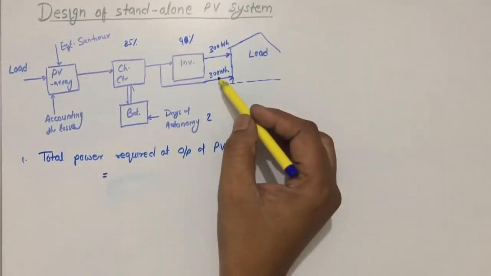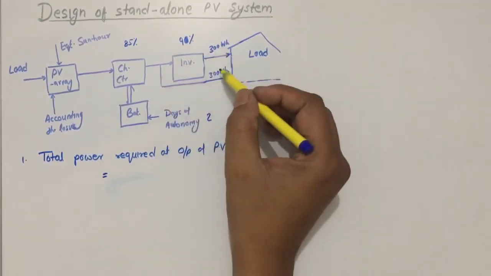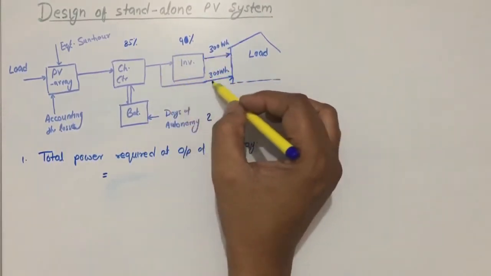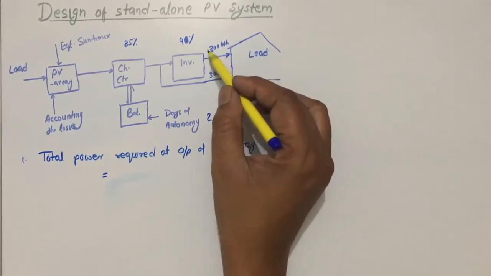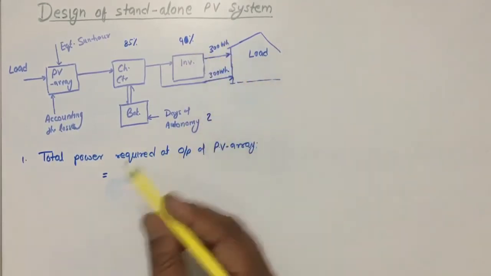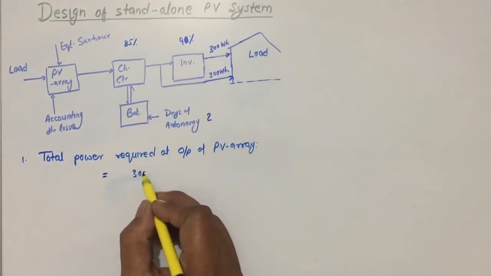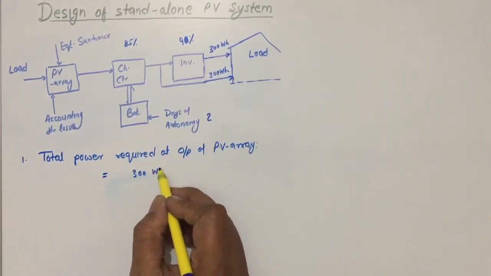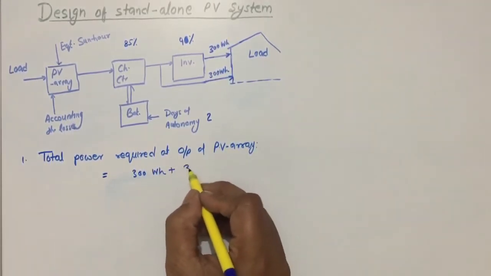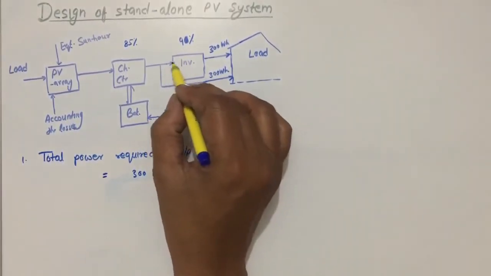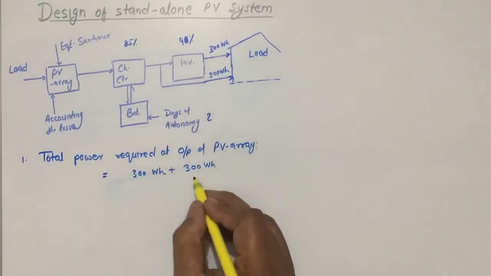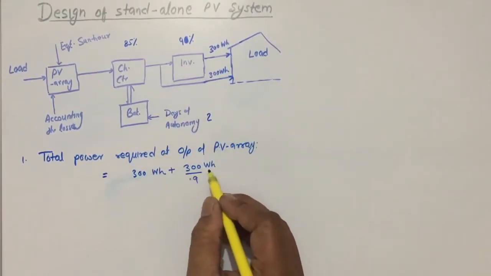The energy at this stage should be 300 plus 300 divided by 0.9. That is, 300 watt hour plus 300 watt hour divided by the efficiency of the inverter, 0.9.